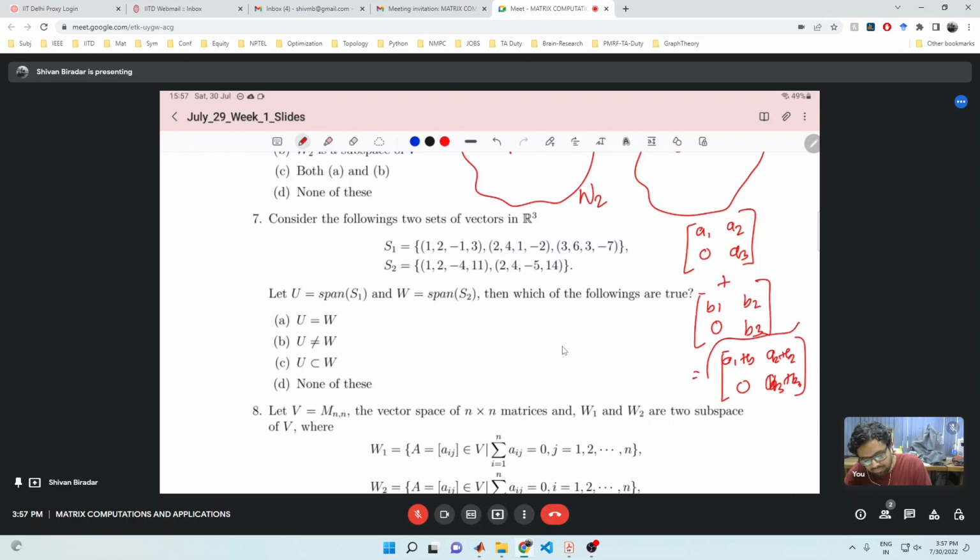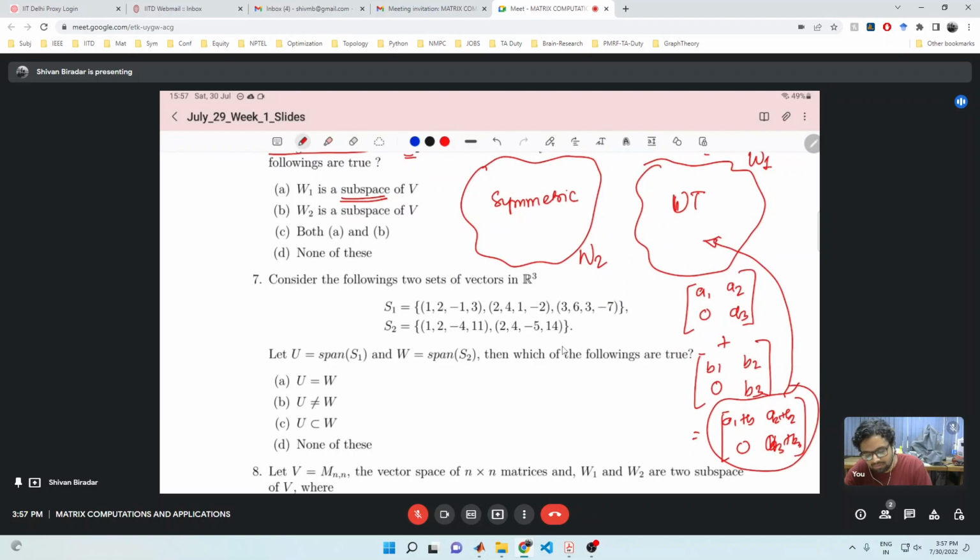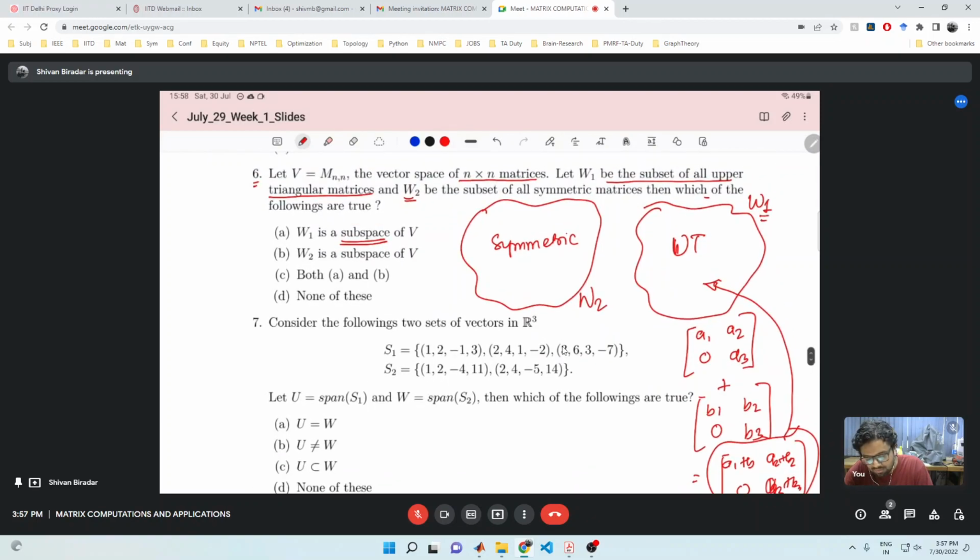This is again an upper triangular matrix. So if you add any two upper triangular matrices here, you will get another upper triangular matrix in the same set W1.